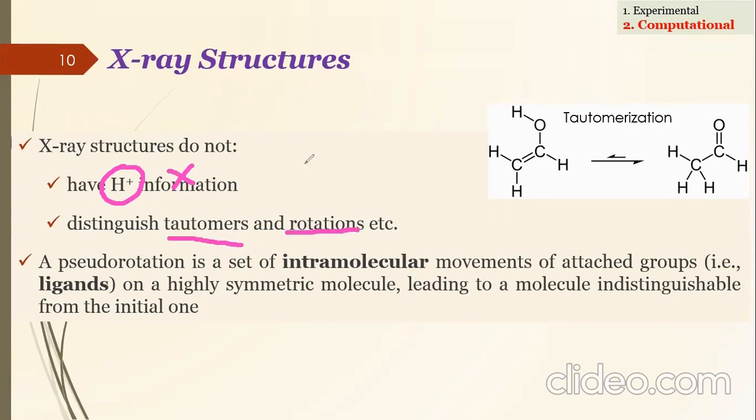Tautomers means ये functional group change है. आप यहाँ पे देखें ये OH है, और यहाँ पे देखें this is a different functional group, लेकिन ये tautomer है, different structure है.